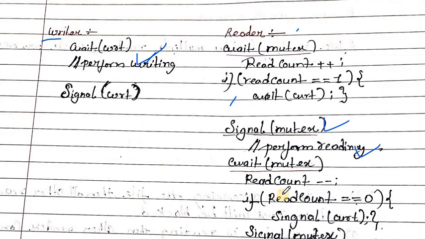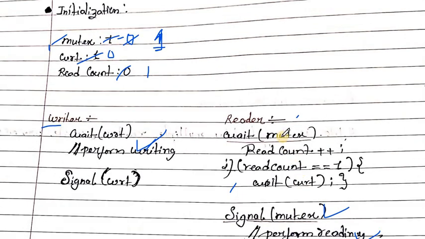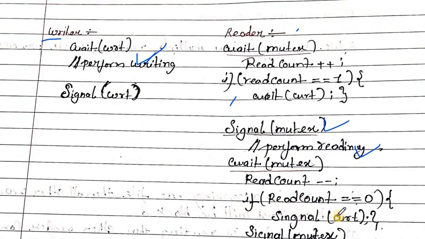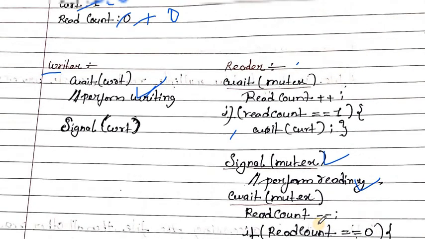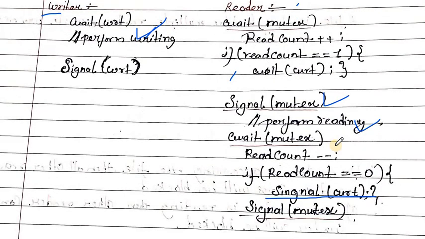After performing reading, it again does wait mutex, making it 0. Then the read count is decremented, so the number of readers becomes 0. If the read count is equal to 0, then signal WRT becomes 1, giving permission to write.